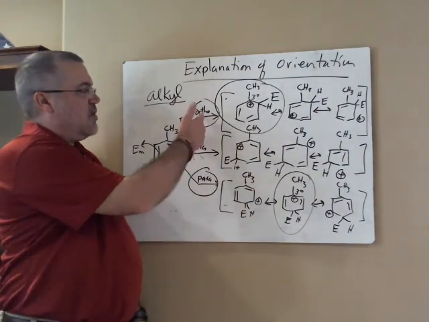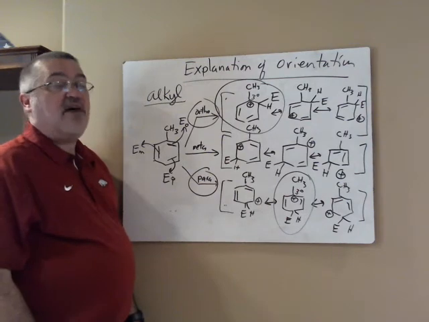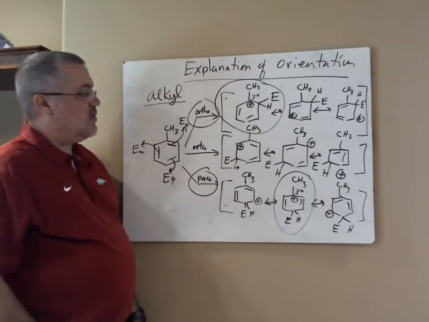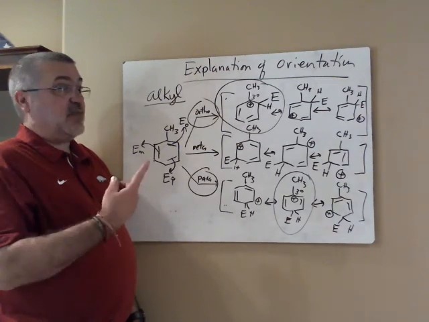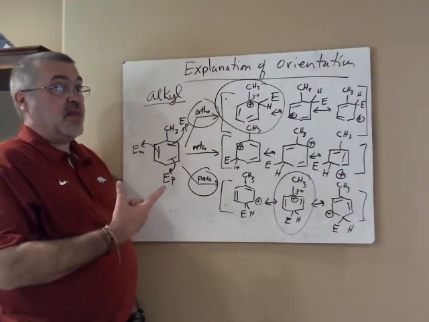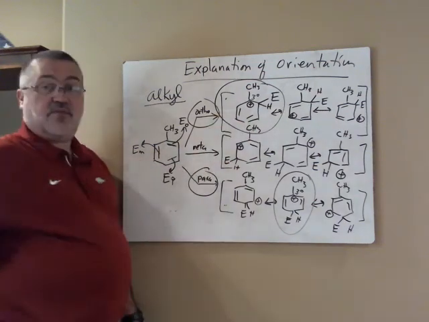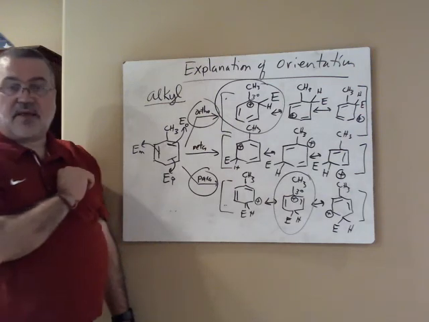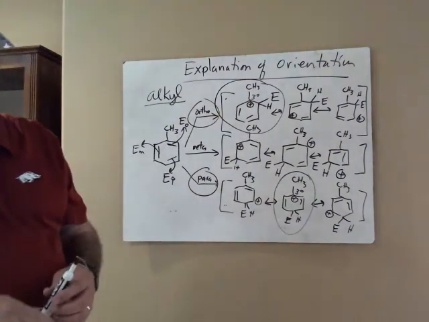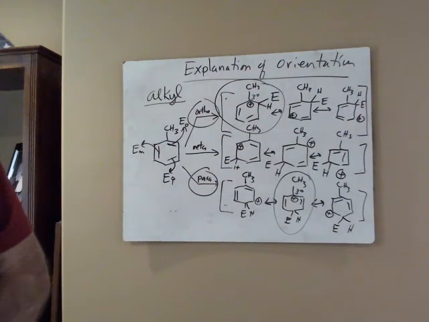So therefore, the ortho and para products are the ones that are vastly favored in the reaction and the only ones you would show. So mechanistically, the explanation with alkyl groups is that you go through an intermediate that has some tertiary carbocation character. All right? So that's the explanation for an alkyl group.